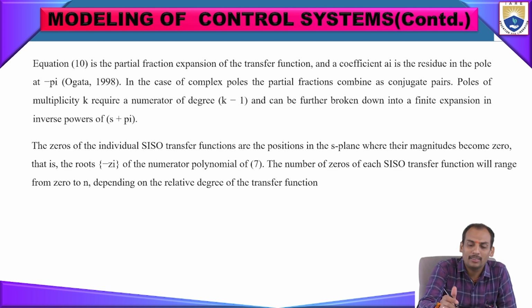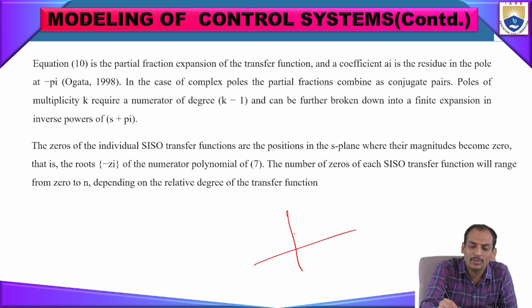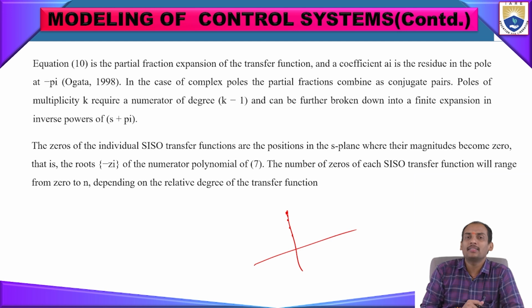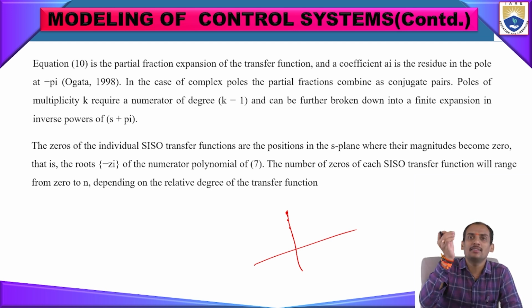Suppose if x and y values are there and only y values are involved, that means the values will be on the y axis only. When s values are not there but imaginary axis values are there, then those values will be present as imaginary values only, that means complex numbers.